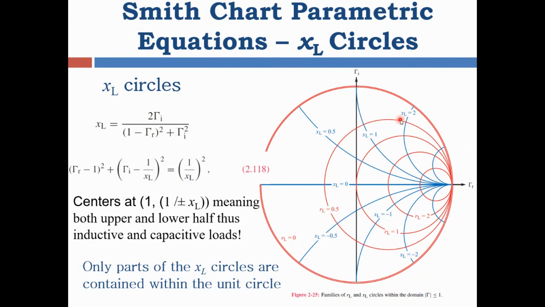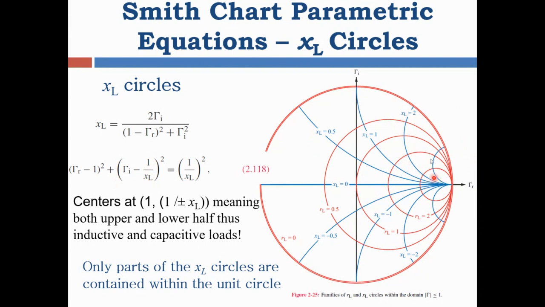But notice that the center, depending on x of L, if it is positive, is going to end up up here. If x of L is negative, then the centers end up on the lower side of the Smith chart.